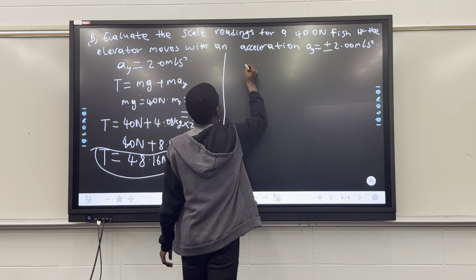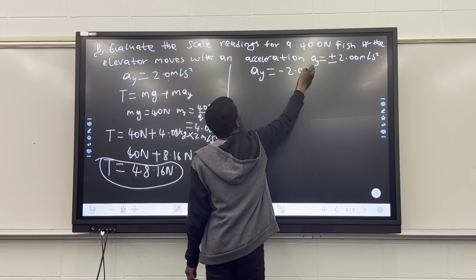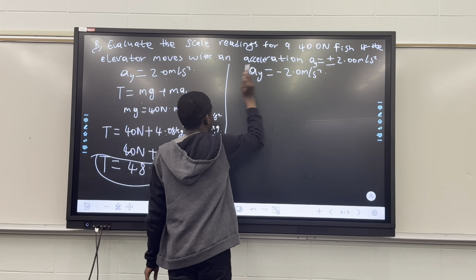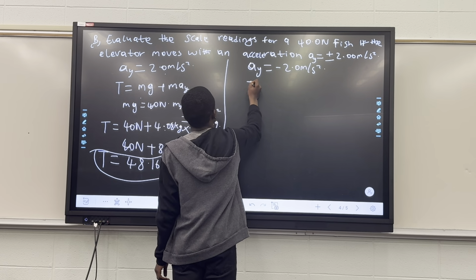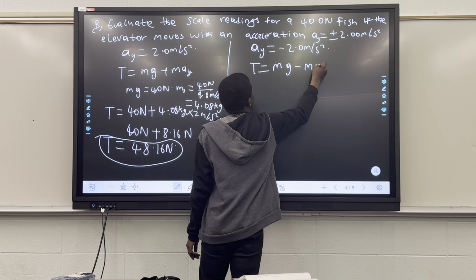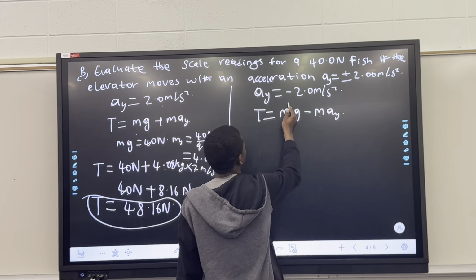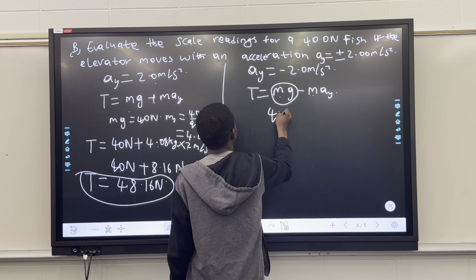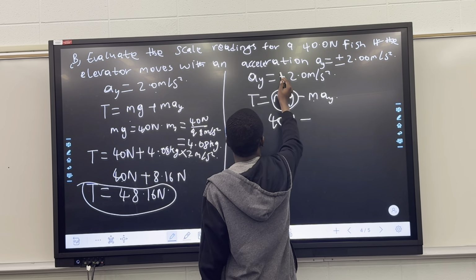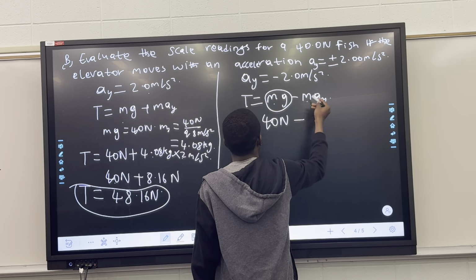So now we'll do for when it's moving downwards. When it's moving downwards, the acceleration will be negative 2.0 meters per second squared. And we can just set up the equation from our first solving to be T equals mg minus may. We've already calculated some parts. With our values, the weight of the fish mg is 14 Newton minus the mass, and you notice this minus is because of the negative acceleration here. So I don't need to make this ay minus 2 anymore.